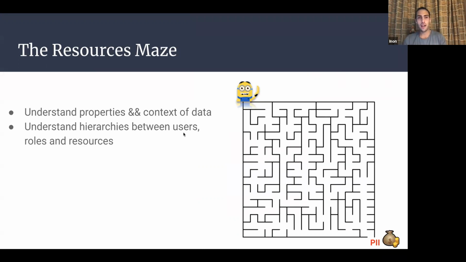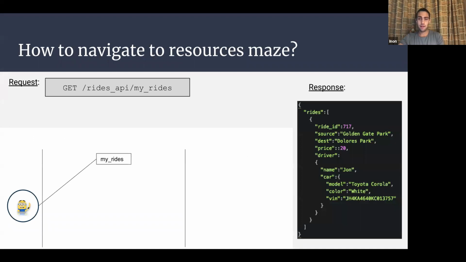So the challenge with exploiting excessive data exposure is to understand the context, to understand the hierarchies between users, roles, and resources, and to understand the hierarchies between different resources. So let's give you an example of how you can navigate this resource maze.